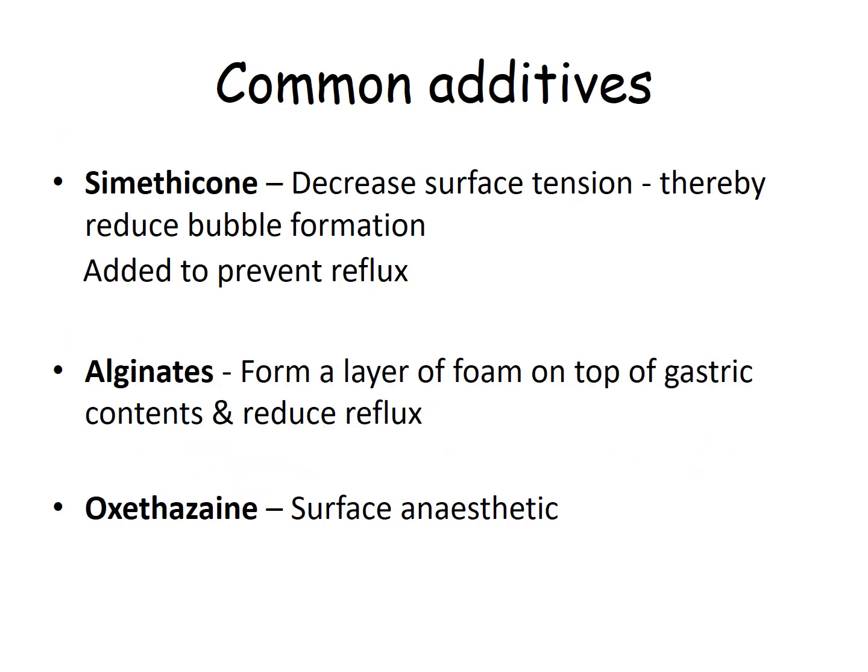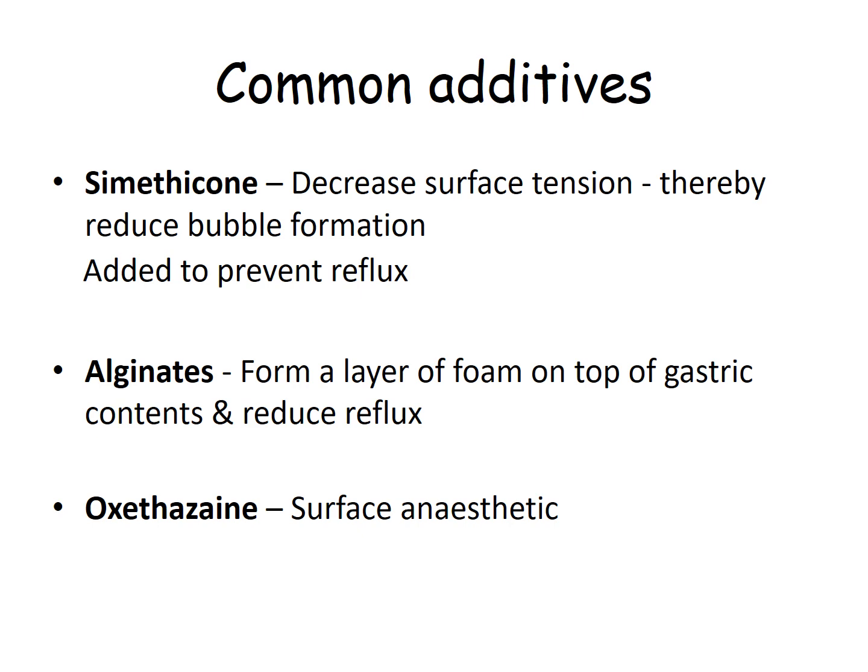And there are some common additives which are used along with these antacids. The common antacid preparations, or syrups, will have a compound antacid plus some additive. The common additives are simethicone, alginate and oxytocin.